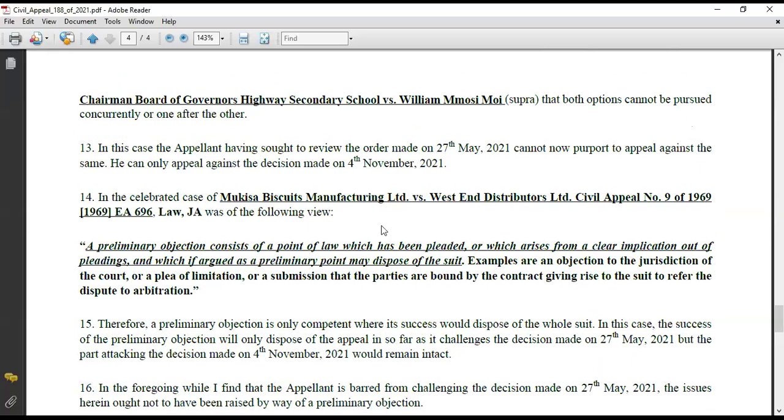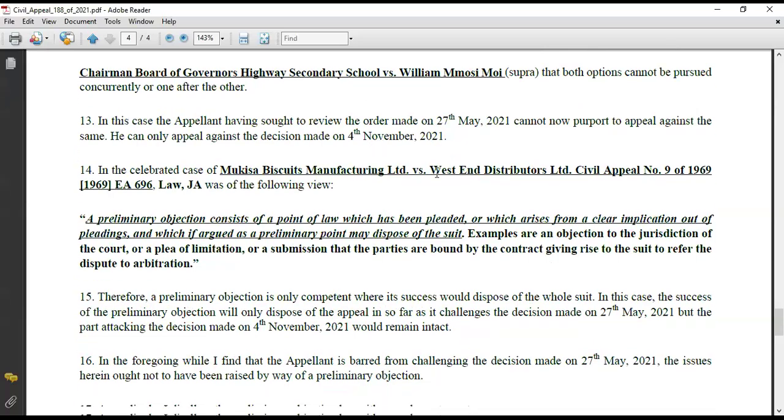So the judge continues. I've jumped some paragraphs. You can look at it. So in this case, the appellant having sought a review of the order made on 27 May cannot now purport to appeal against the same. He can only appeal the decision of 4th May.